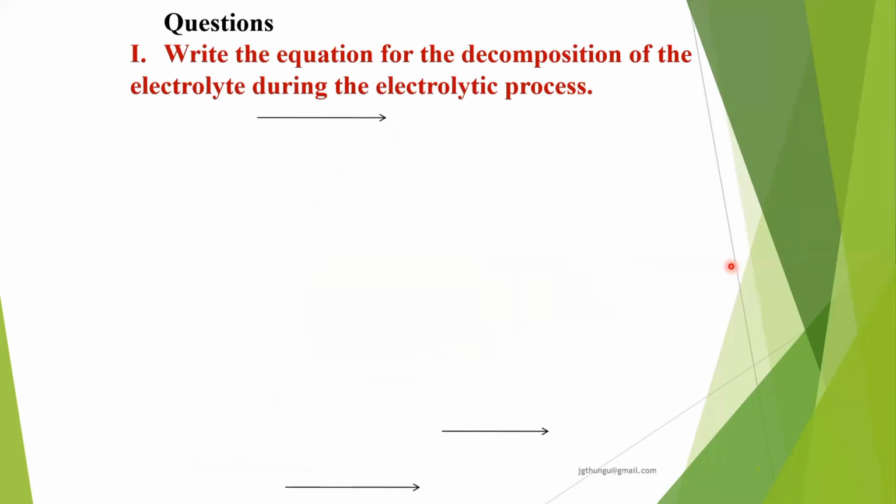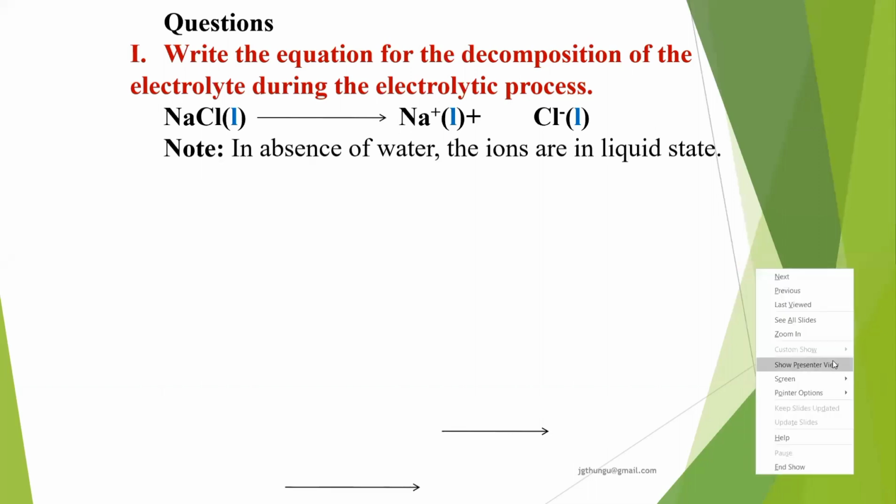We are supposed to write the equations for the decomposition. First of all, when we put it in a cell, we have the sodium ions and the chloride ions. They are being attracted to the electrodes. Note that there is absence of water. That is the question we were being asked there.